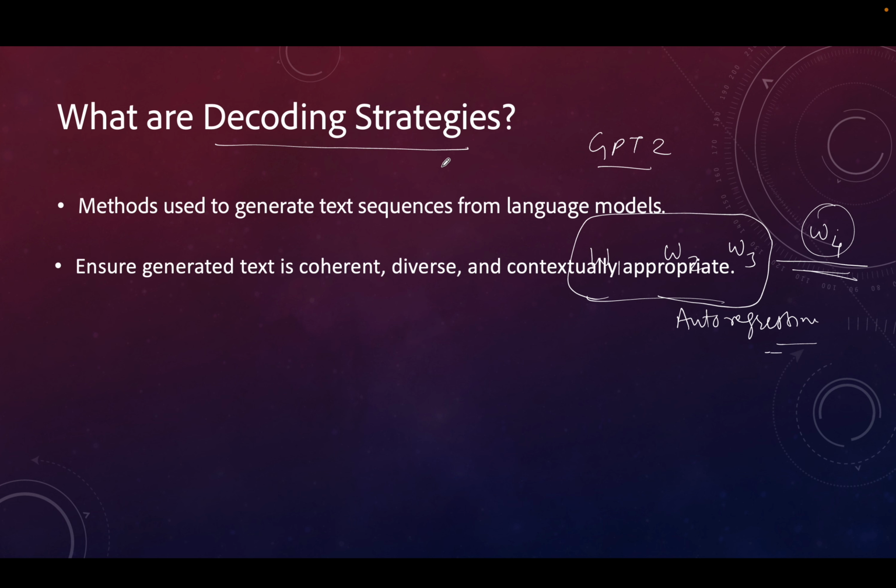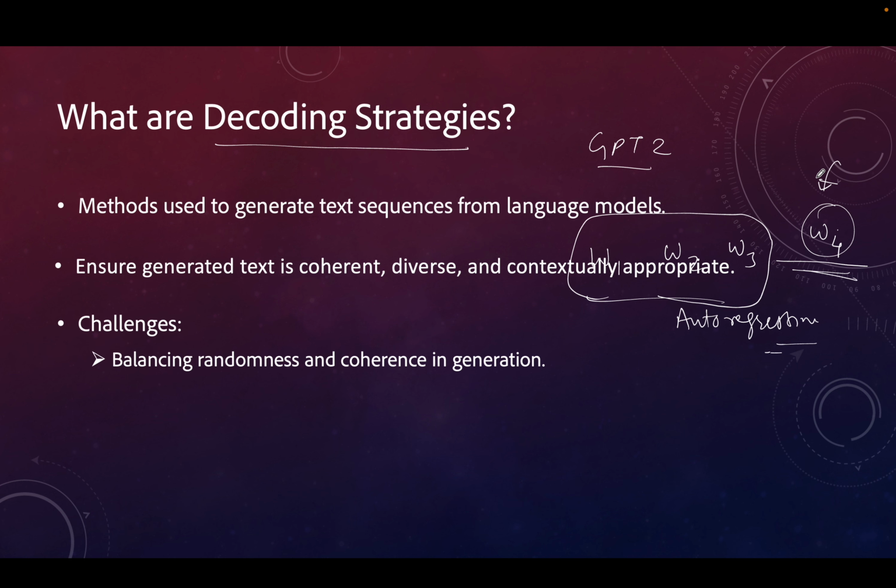These ensure that the generated text is coherent, diverse, and contextually appropriate. So this W4 should be coherent and not some random word. There are many challenges, like balancing randomness versus coherence. If you keep it very less random, you will get the same kind of word being generated.